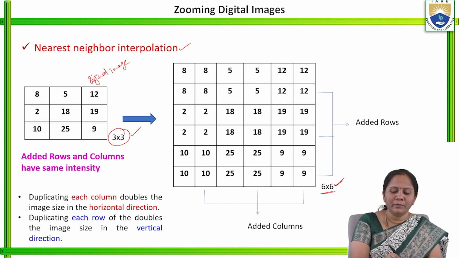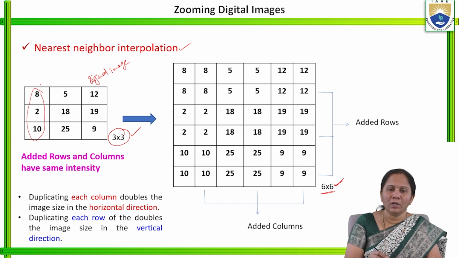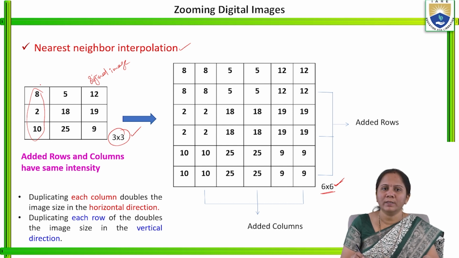For example, in this column, 8 to 10 are the intensity levels. So here we have to duplicate, that means we have to add the rows and columns.